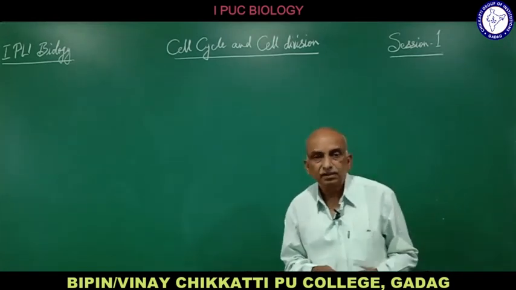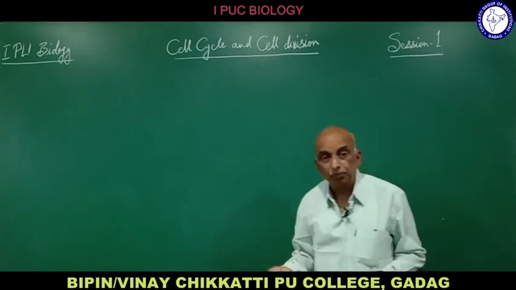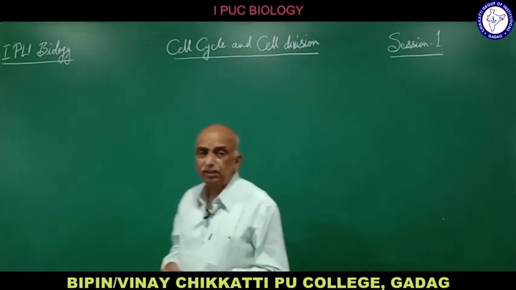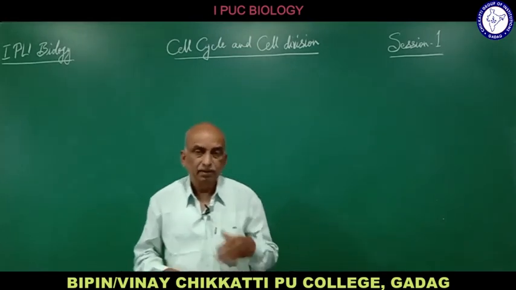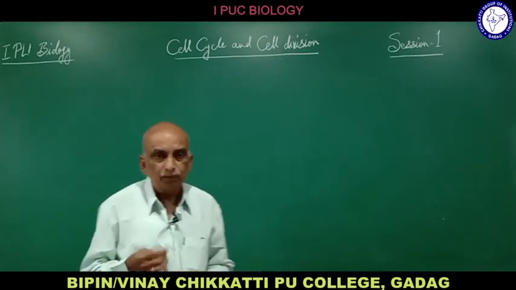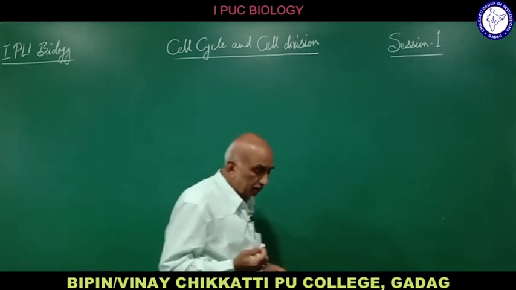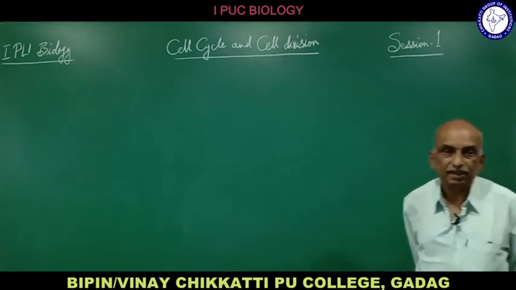So DNA undergoes duplication, and also the organelles increase in number, and these events take place to divide the cell, and two daughter cells are formed. So this is called the cell cycle.